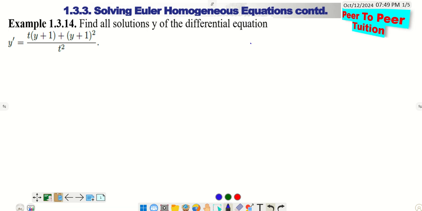In this section, we shall be solving Euler homogeneous equations. Now, the first thing is to identify the type of equation.